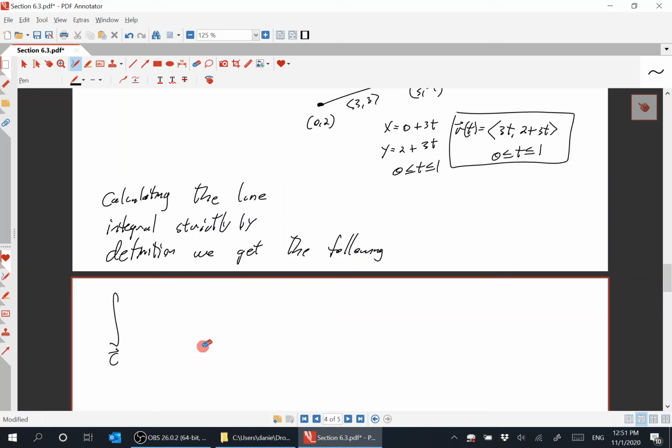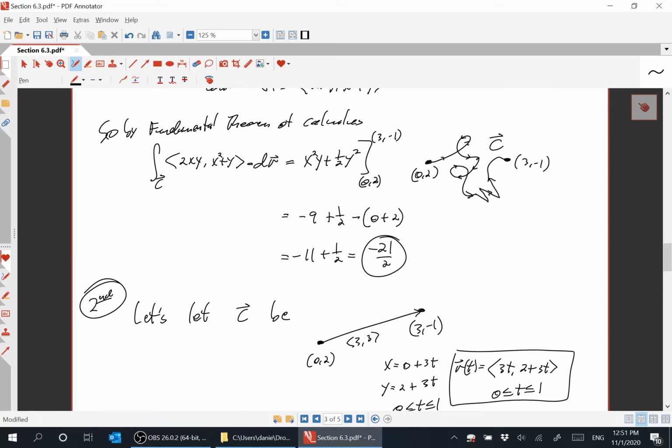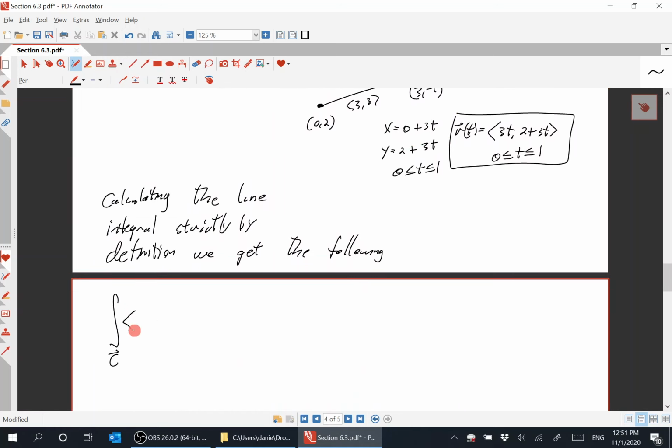Let's write it down. 2xy, x squared plus y, dot dr. So that's equal to the integral from a to b of F of r of t dot r prime of t dt.